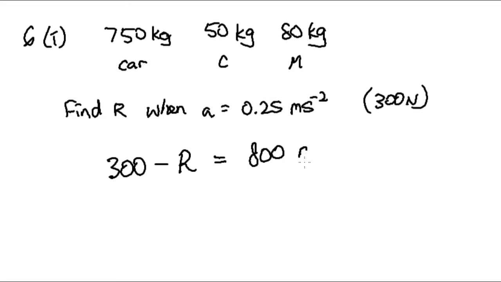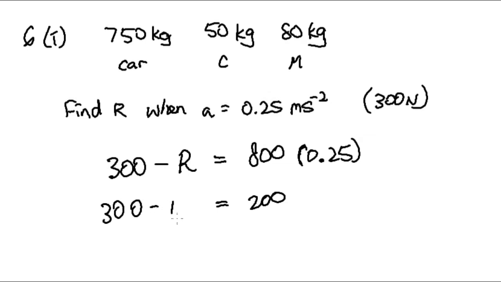Acceleration is 0.25, which is also 1/4, and therefore 200 equals 300 subtract R. By rearranging, R equals 100 newtons. So that is part 1 done.